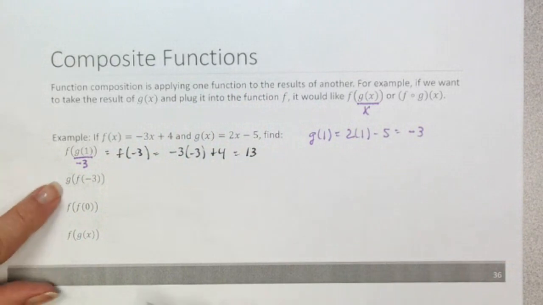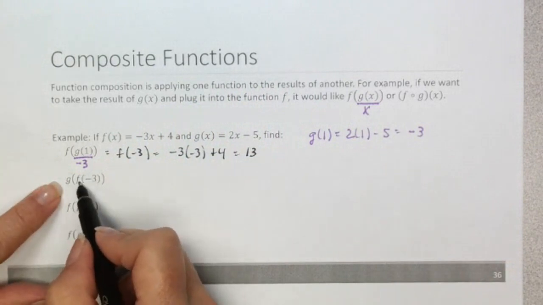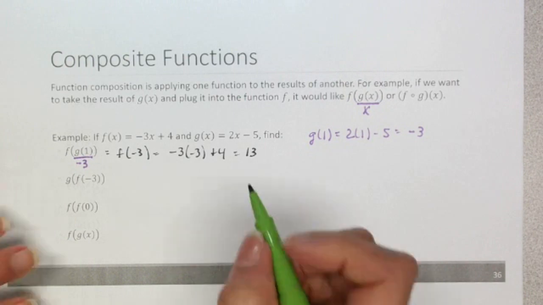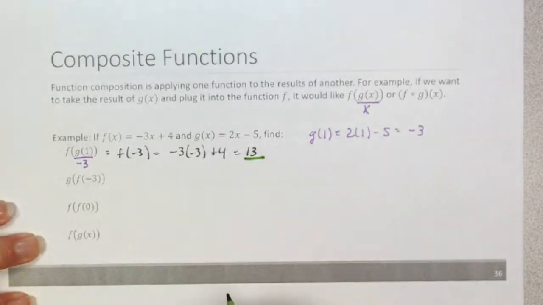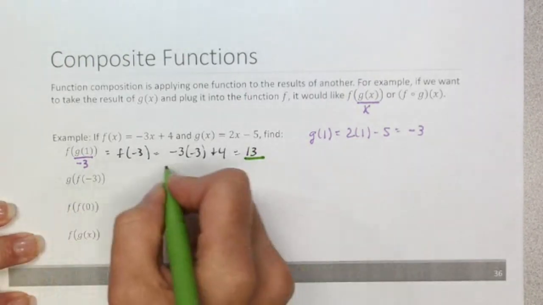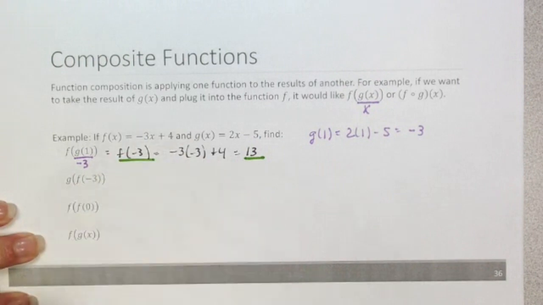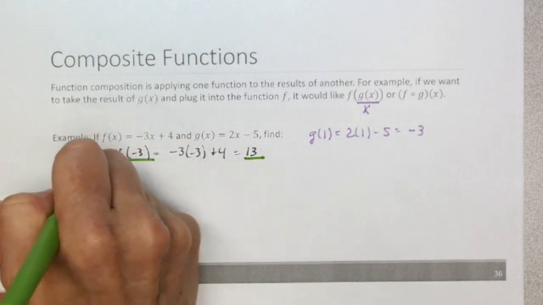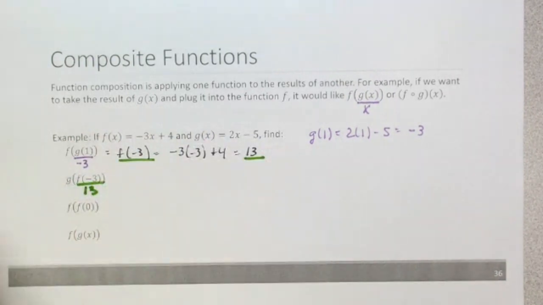Okay, in the second example, we want to find g of f of negative 3. Well, we just found f of negative 3, and f of negative 3 was 13. So it's 13 that we now want to make our input to g, or we want to let x be 13 in g.